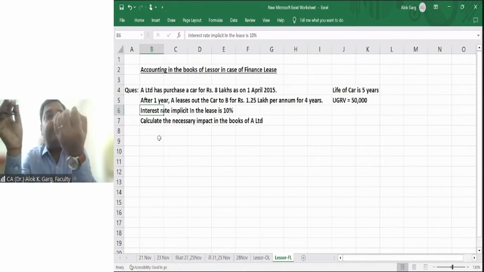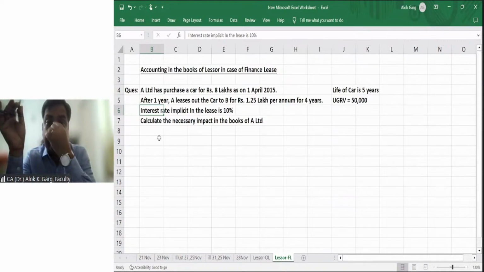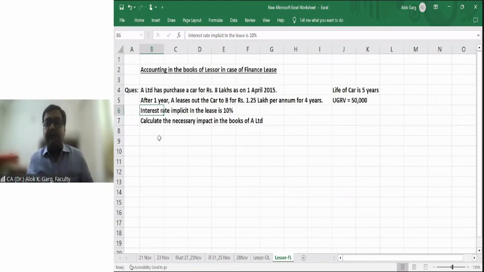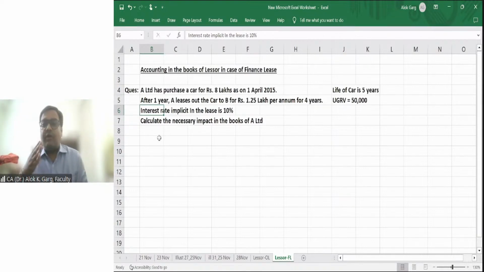So A Limited has leased out the car for the entire remaining useful life.